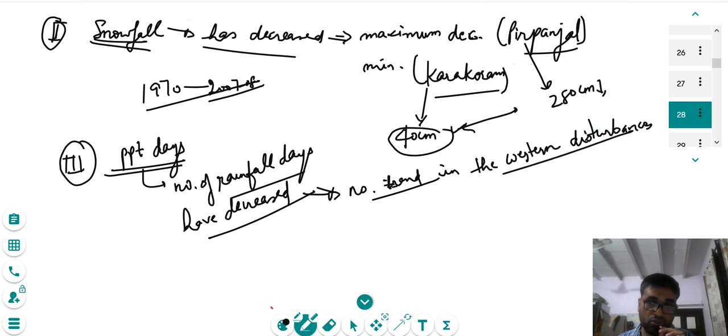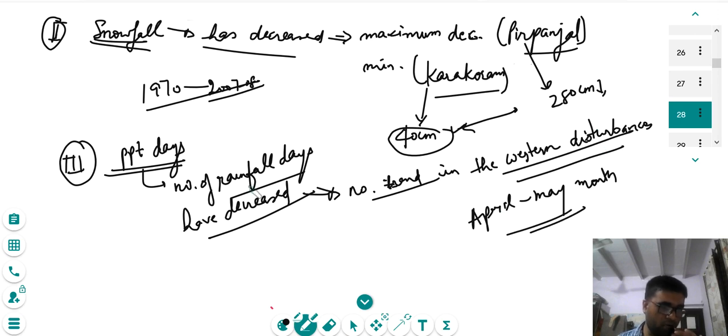Western disturbances have shown the most peculiar trend in the different months, more particularly from April to May. Because of this, there is no particular trend, but on an average, the number of rainfall days have decreased, but the intensity of rainfall has increased.